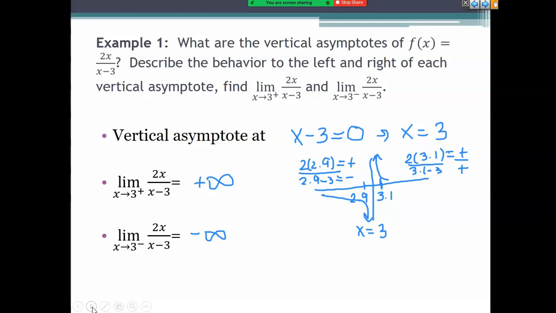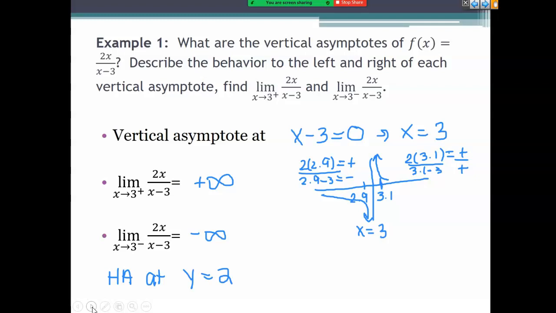Just for extra practice, does the function 2x over x minus 3 have a horizontal asymptote? It does. Where at? Perfect. So that graph would have a horizontal asymptote at y equals 2.